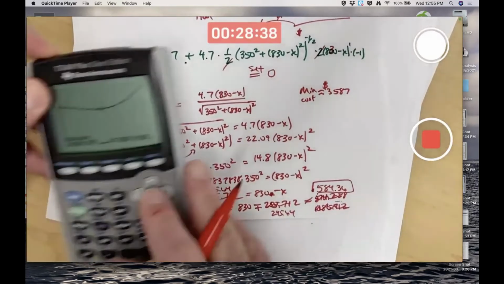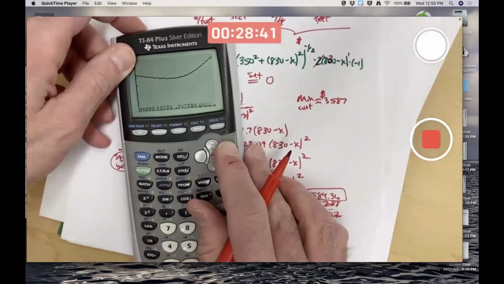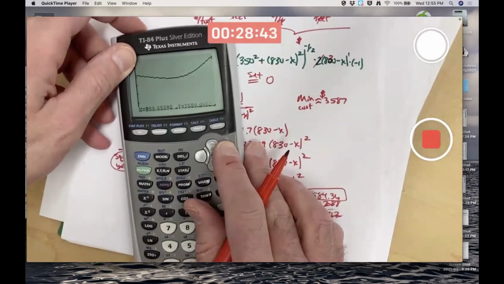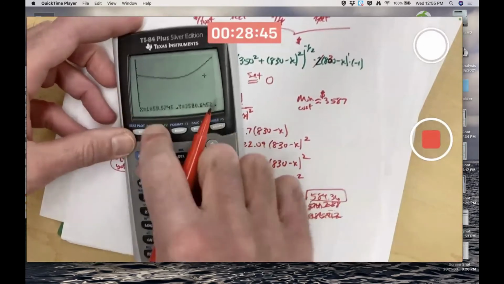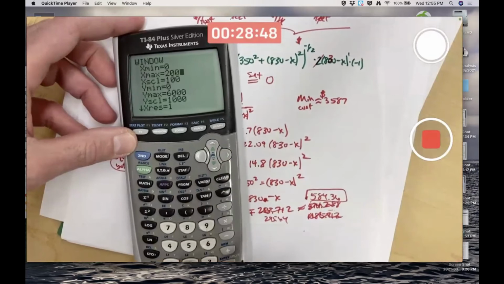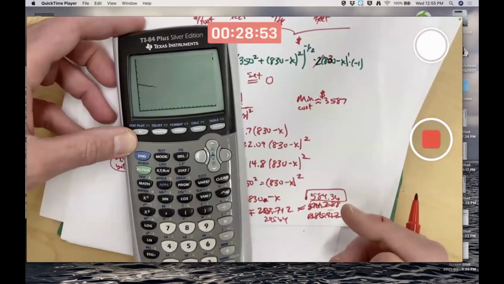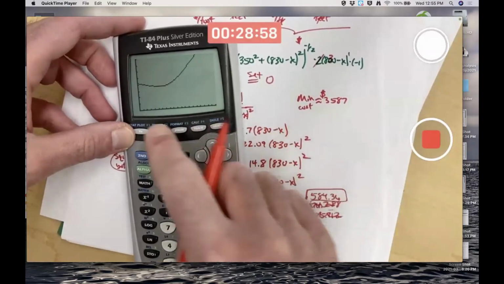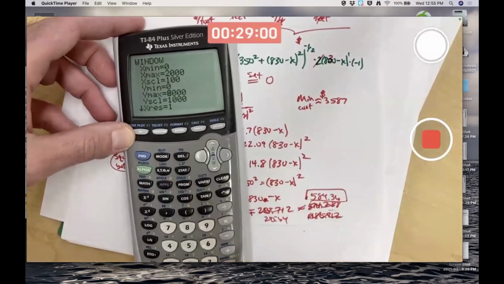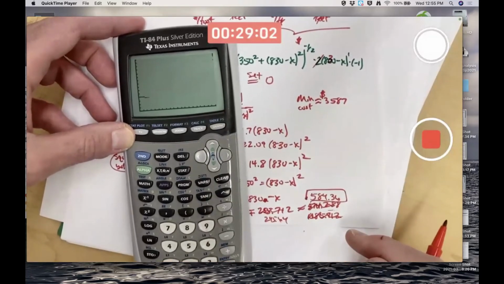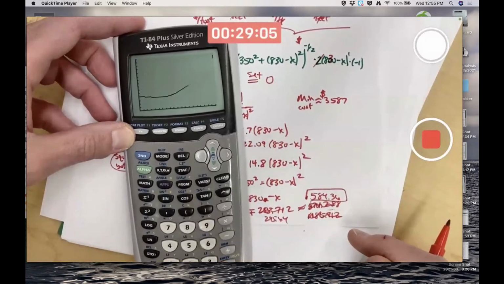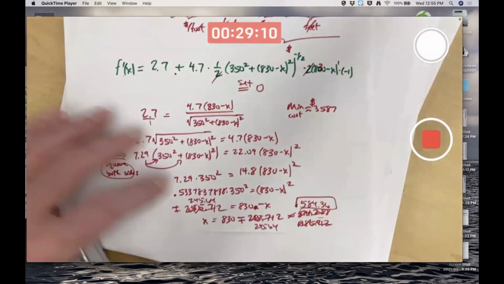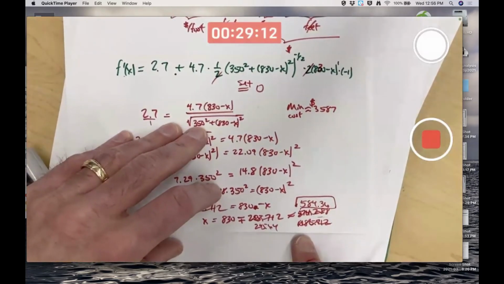And I let my x go up high enough that I would have seen the other critical point here if it was there. Okay, yeah. That was an extraneous one. So that's something to watch for.